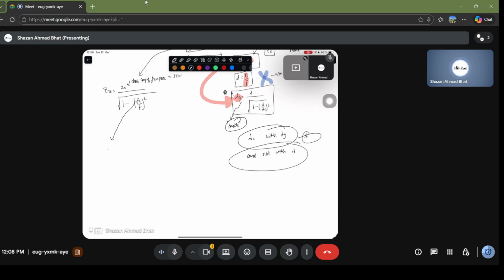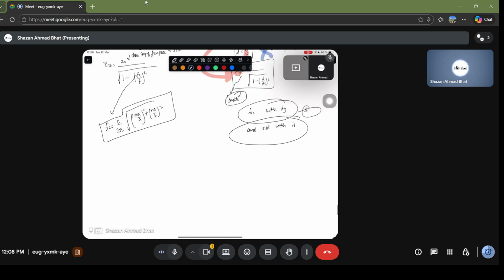And this cutoff frequency is essentially c over 2 pi times the square root of (m pi over a) squared plus (n pi over b) squared. So this is the cutoff frequency that we are talking about.